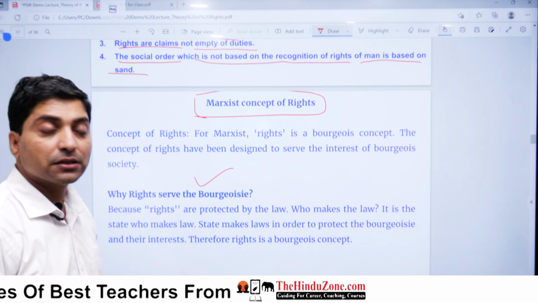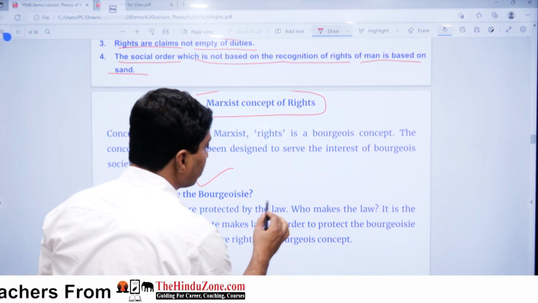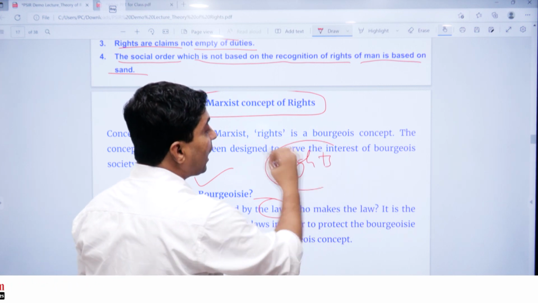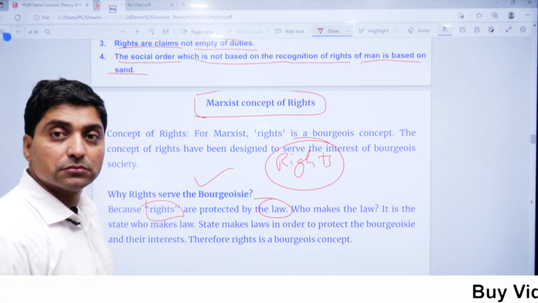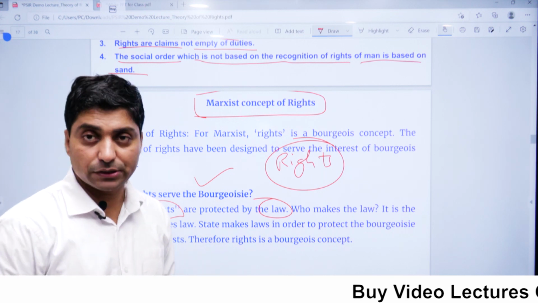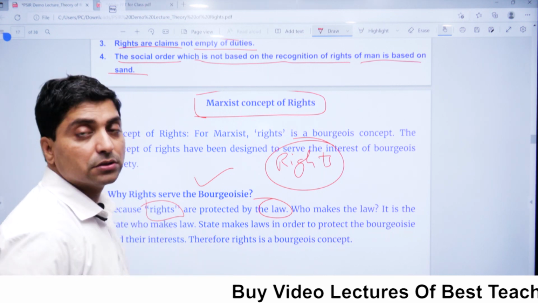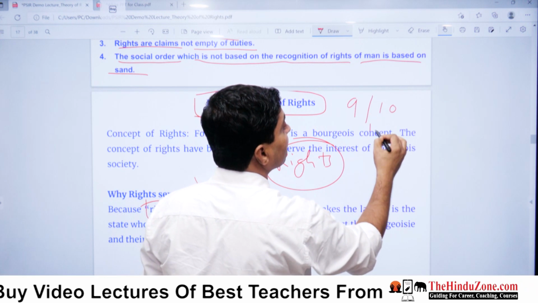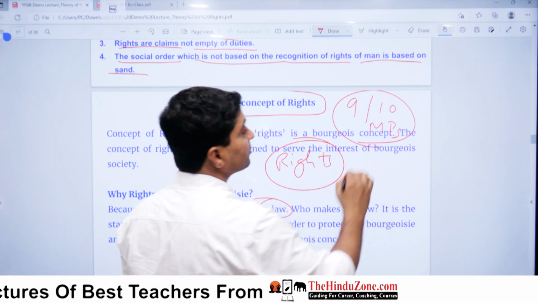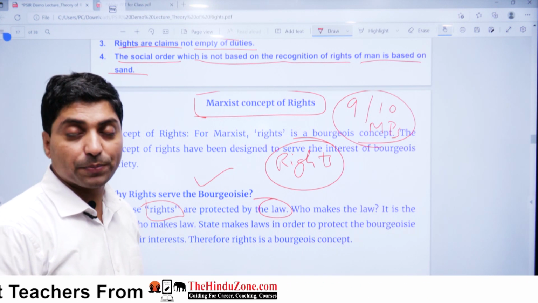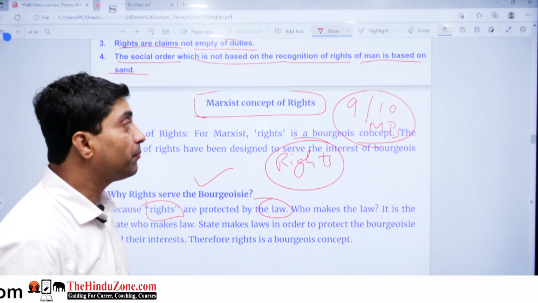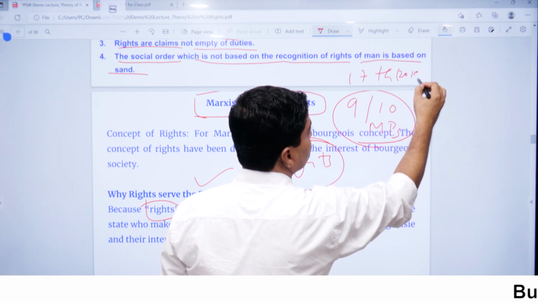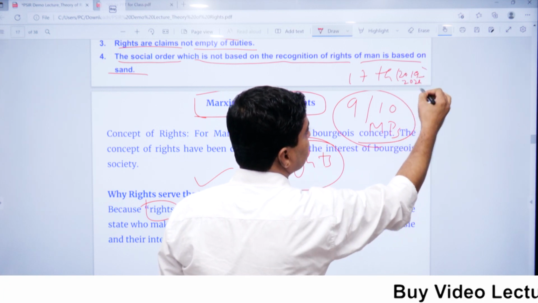He said that rights are protected by the law. And who made the law? Who are in the parliament? If you talk about the Indian parliament, 9 out of 10 MPs are crorepati in the current 17th parliament, that is 2019 to 2024.